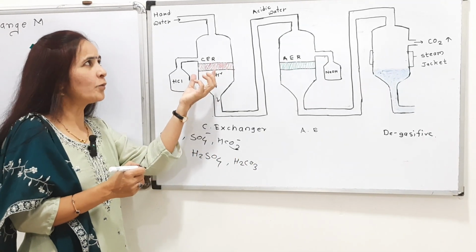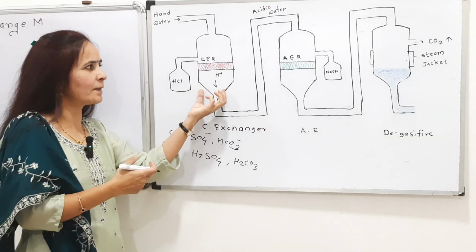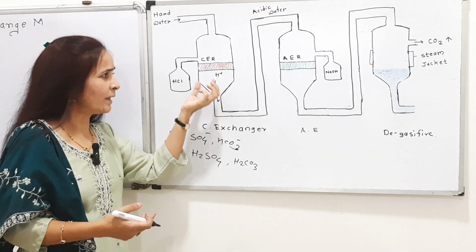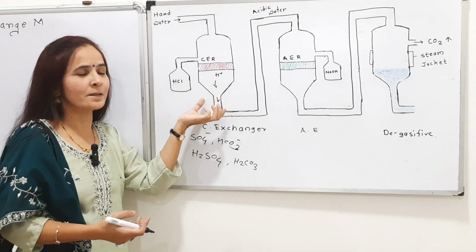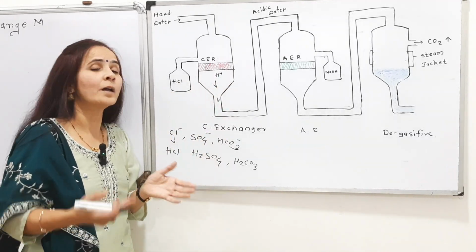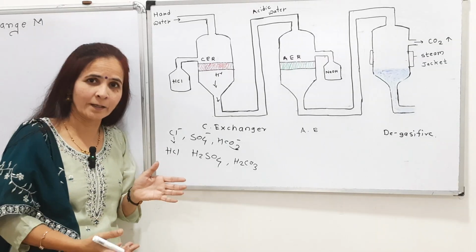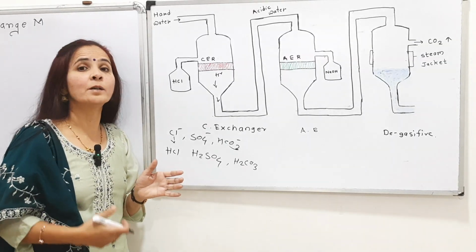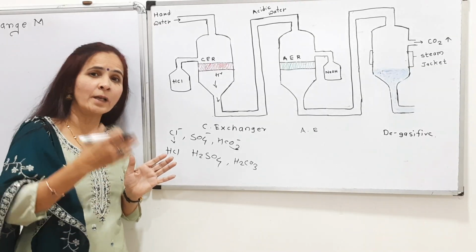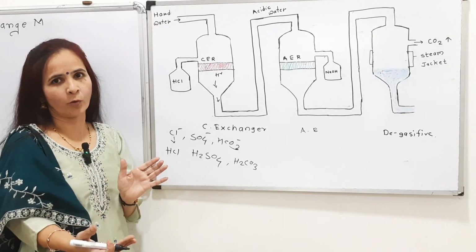The water released from the first cylinder is free from cations. But when the H+ ions from the resin react with the anions present in the water, the water becomes acidic, and that becomes more harmful. So it is necessary to remove the anions from the water also.